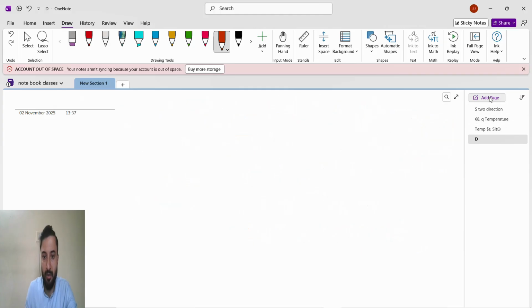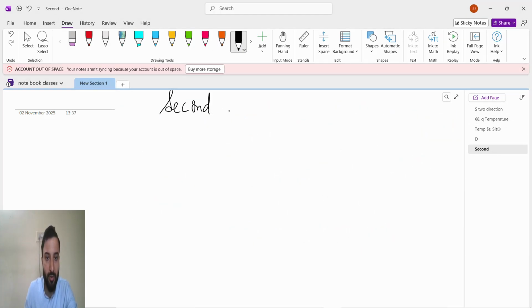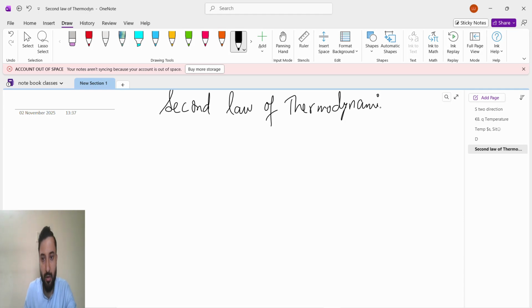Now the next heading we will write is the second law of thermodynamics. Second law of thermodynamics, we will just write down the statement.